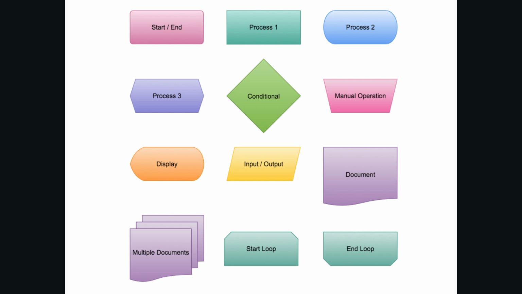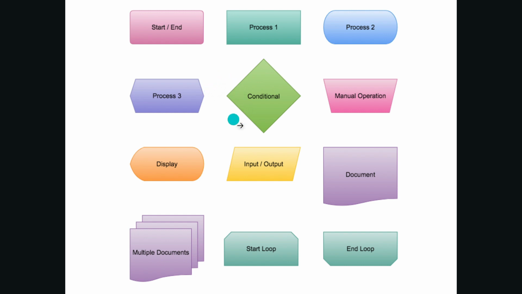When creating a flowchart, it is important to know the basic shapes and their use. For example, this shape is used to start or end the flowchart, and then these shapes are used to mark the process of the flowchart. Here we have process 1, process 2, and process 3 with different shapes for each process.